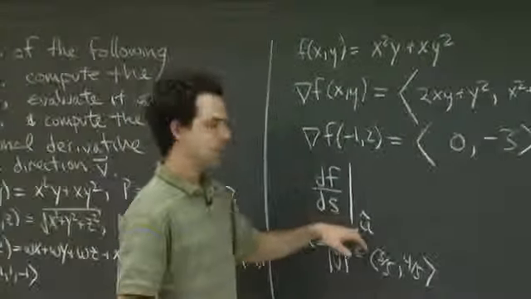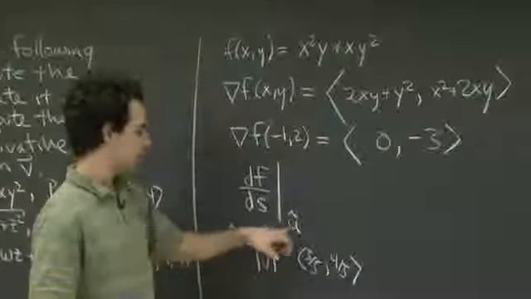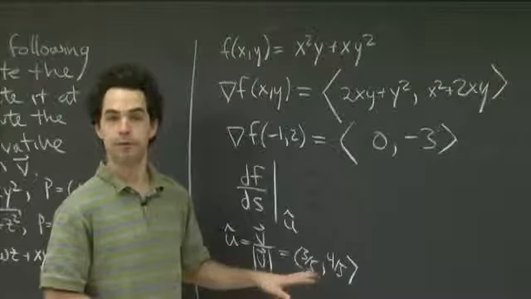And so our directional derivative in the direction of v, which is this vector u, is just equal to the gradient at that point dotted with the direction vector.